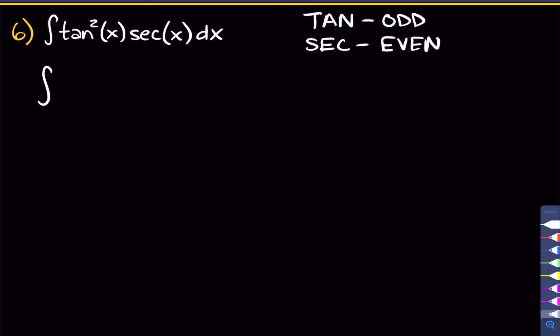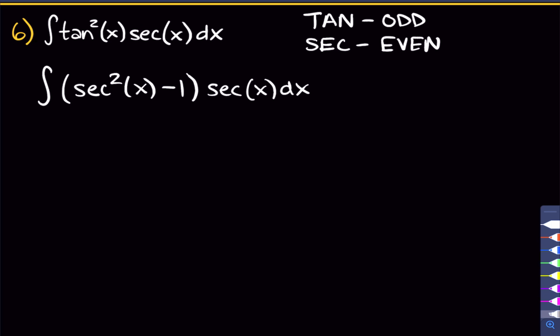What I'm going to do is use a trig identity. I'm going to substitute in for tangent squared. And remember from the last problem that tangent squared is the same thing as secant squared of x minus 1. And then I have times secant x dx. Okay, so now I'm going to multiply that secant through.